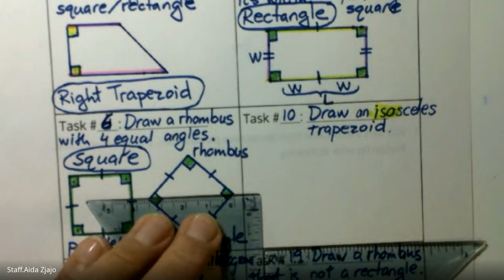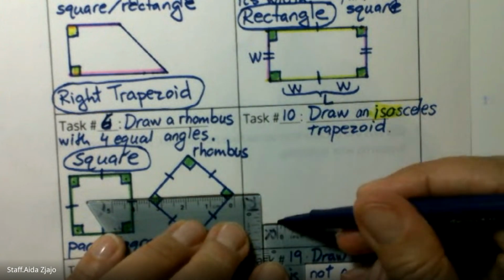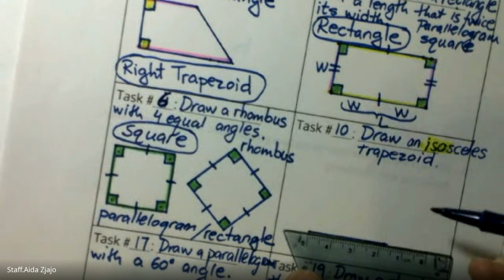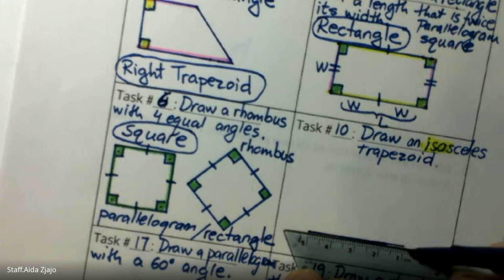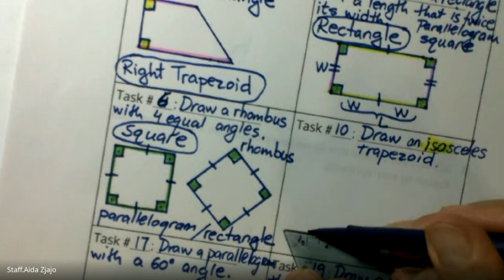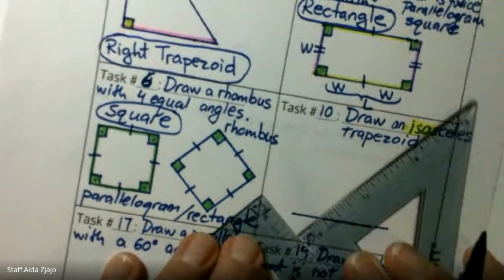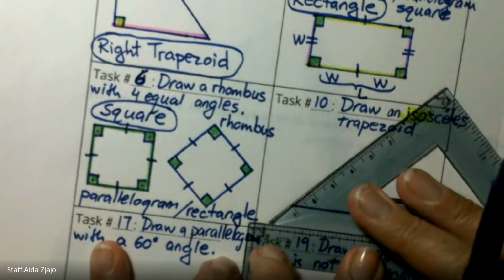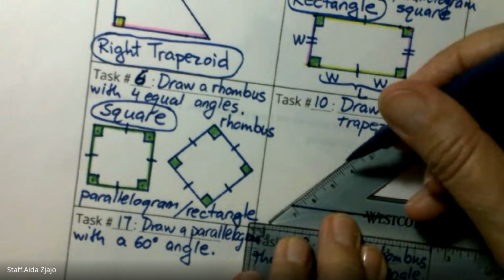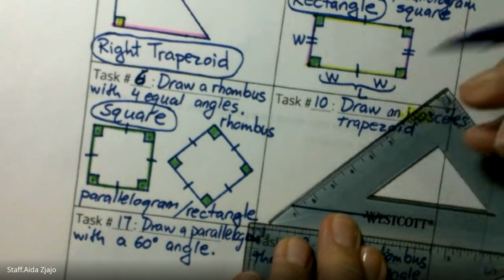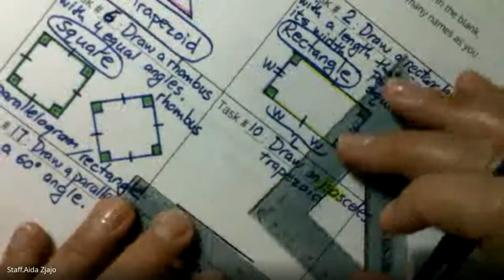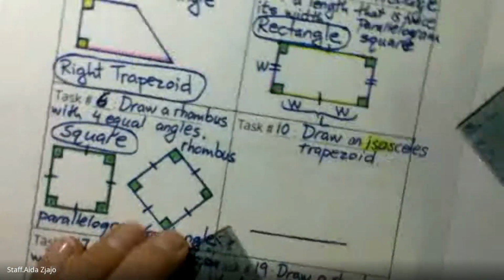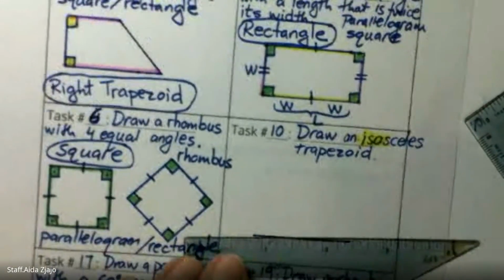Okay, so I'm going to draw the line, let's see, 1, 2, 3, 4, and I'm going to make a parallel line. Let me make it with angles.